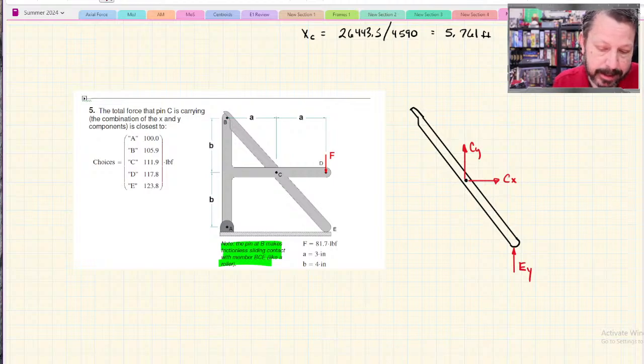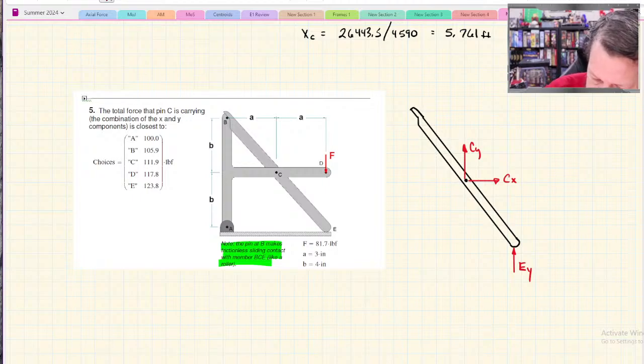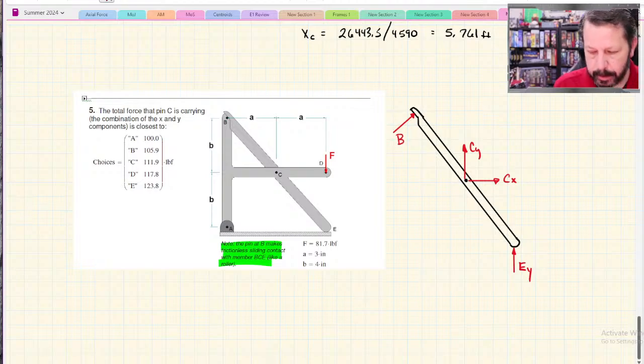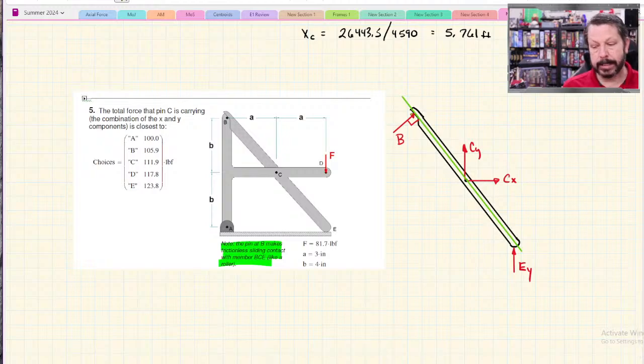It really only looks like it's keeping the diagonal piece from rotating down this way, which means it's applying a force there, and not a BX/BY kind of thing. It's just a force perpendicular to the longitudinal axis. And I have enough dimensions here with A and B given to know how to create a perpendicular force there. So that's the key to this problem.